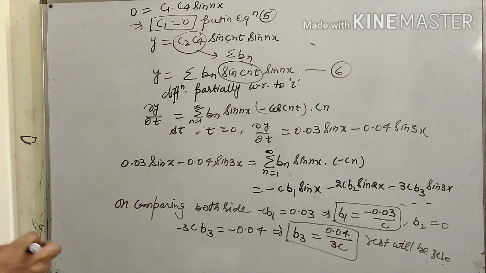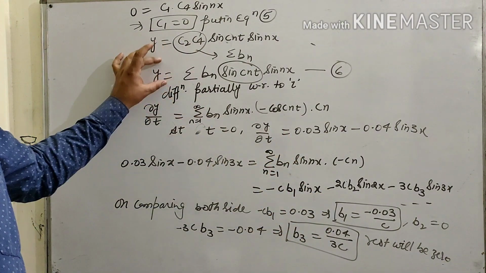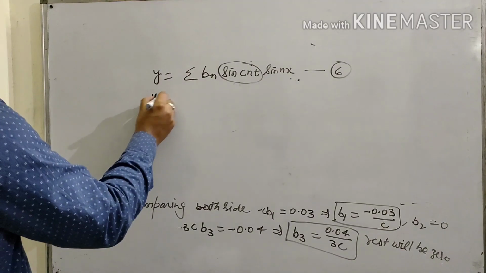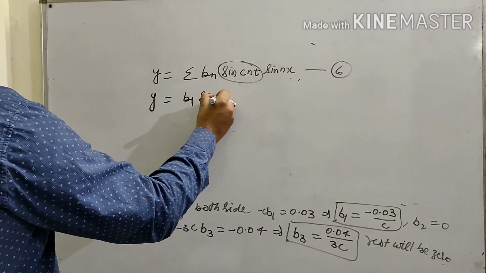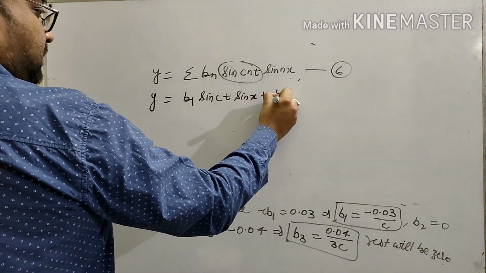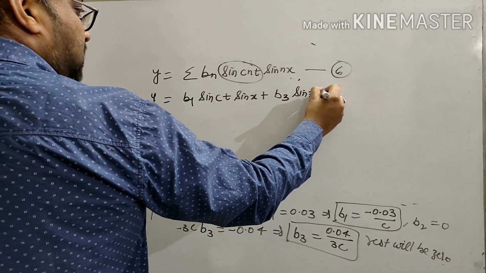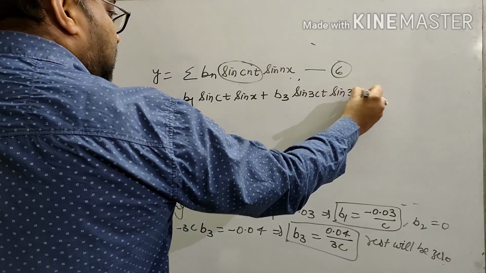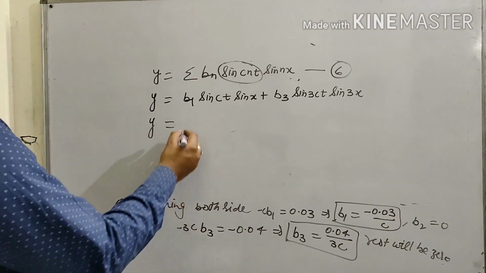So on replacing all these b1, b2, b3 and so on in equation number 6, y equals b1 sin ct sin x plus b3 sin 3ct sin 3x, and on replacing b1 and b3, what do we get?